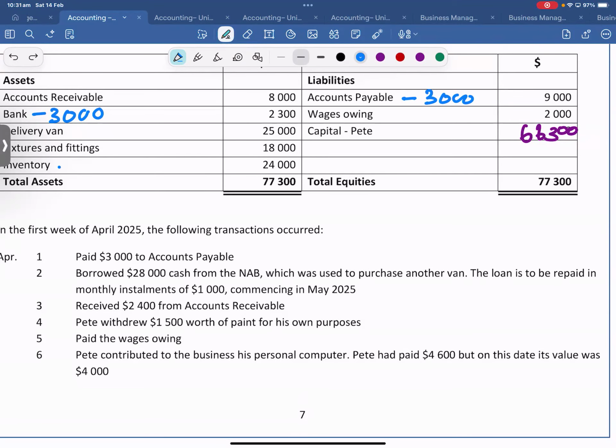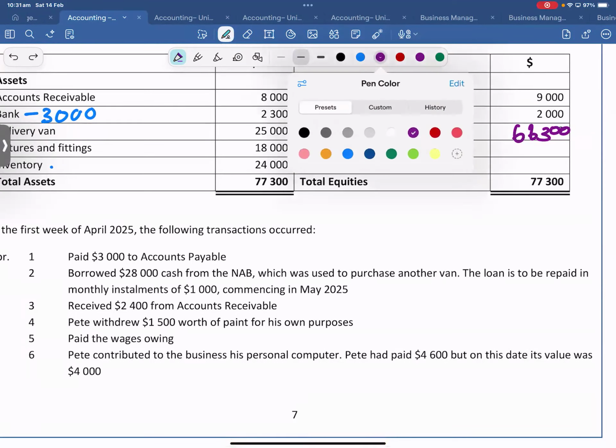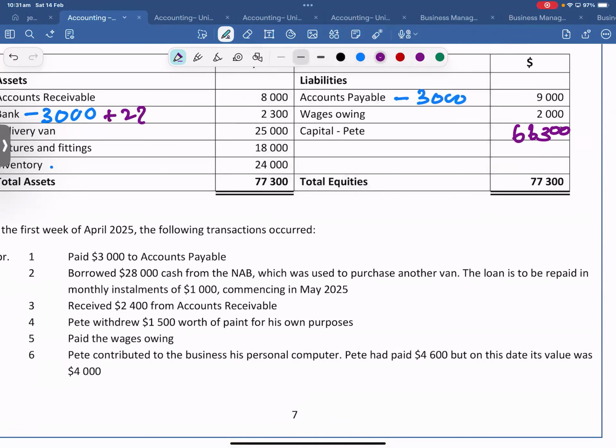Your cash at bank in one minute increases, next minute it decreases. So basically, you can say plus 28,000, and next moment minus 28,000. Plus and minus, what happens? Zero, you cancel it out. So you don't have to worry about the bank.